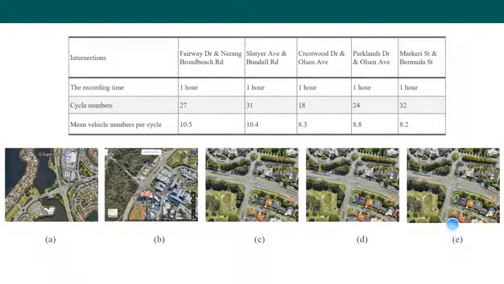The table shows the statistics of the surveyed intersections in terms of recording time, cycle number, and mean vehicle numbers per cycle. The 5 figures show the intersections on the map.